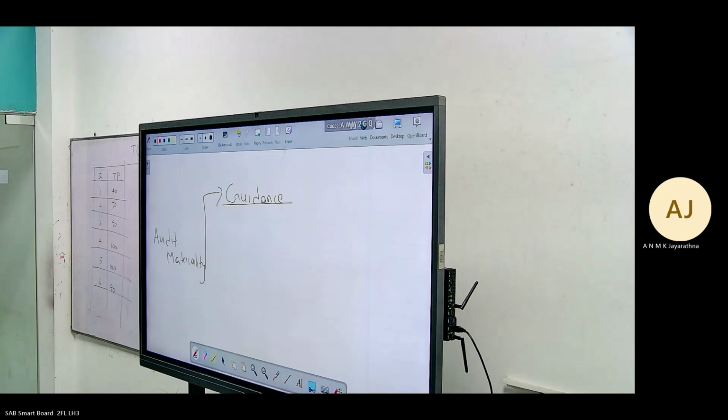Clear? There is no hard and fast rule that this percentage must be taken or this basis must be taken. But the standard has given some guidelines. We should use those guidelines. Based on those guidelines, we should compute the material limit.